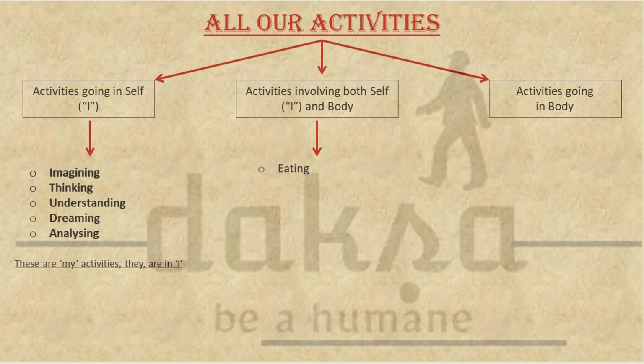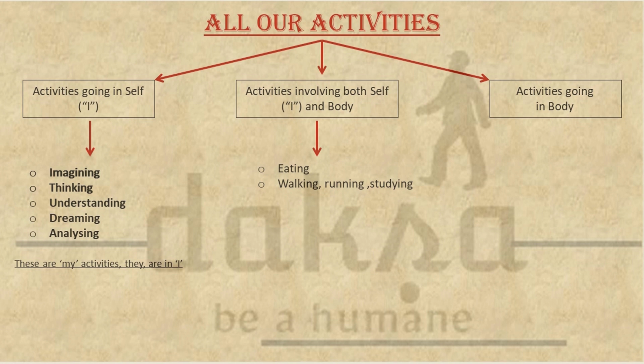Now, the question arises, who enjoys the food or tasty food? Me, the self, I, or the body? Obviously, the self, I, gets the taste of the food and enjoys the food, right? In walking, running, studying, doing my household chores, both self, I, and body are involved.